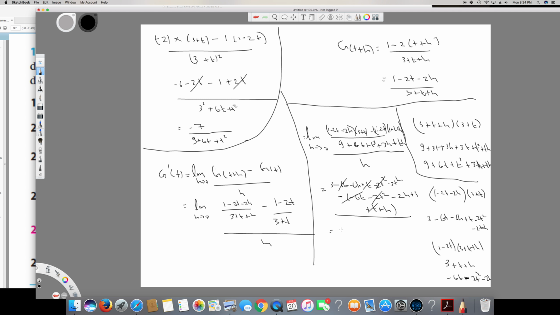So it's going to be 3 minus 6t minus 6h plus t minus 2t square minus 2th, and this is 2th, and minus 2h plus h is going to be minus h.